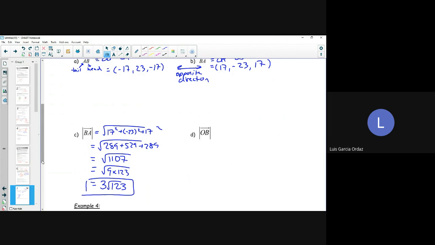Now, can someone tell me what the magnitude of vector OB is going to be? And when you have the answer, please type it in the chat.